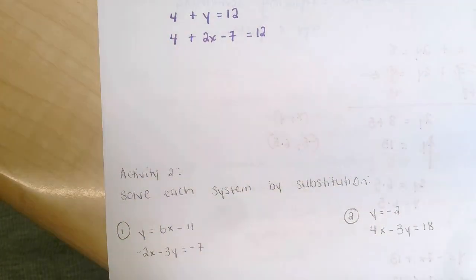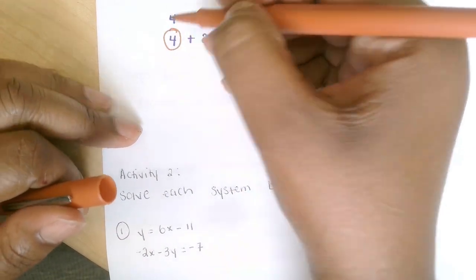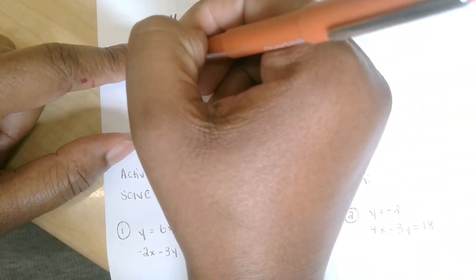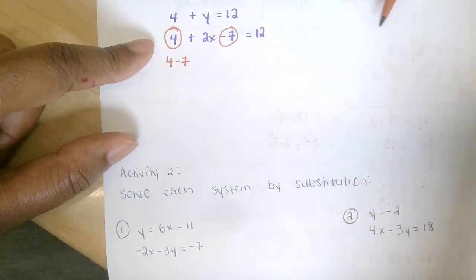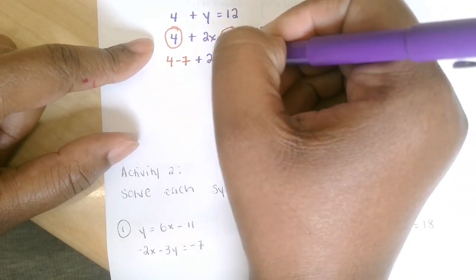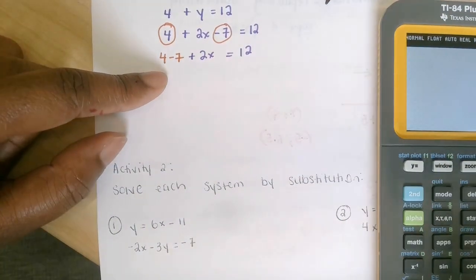Right, so off the bat, we know there are things we can combine already. So these are 2 constants on your left. So you're going to say 4 minus 7 plus 2x is equal to 12. This will give you negative 3.